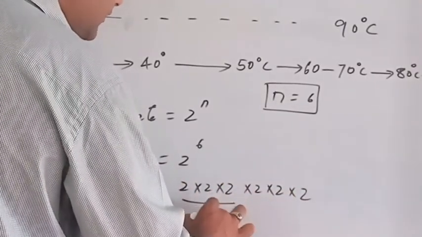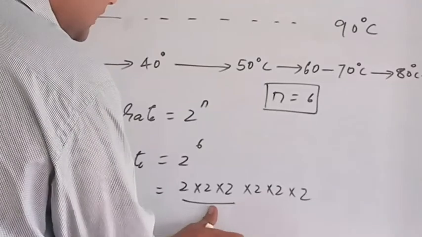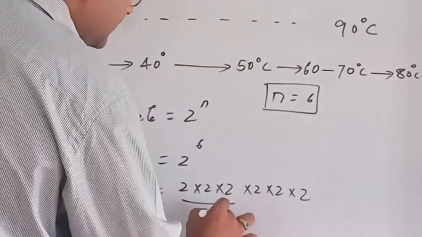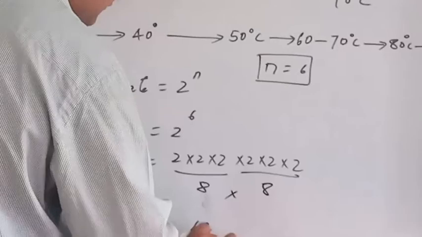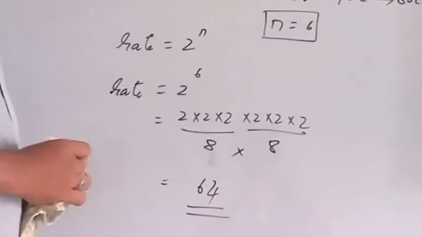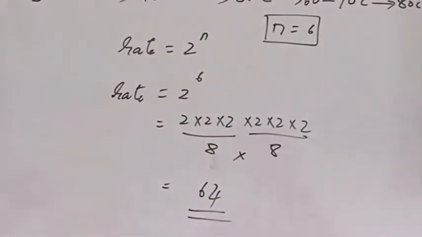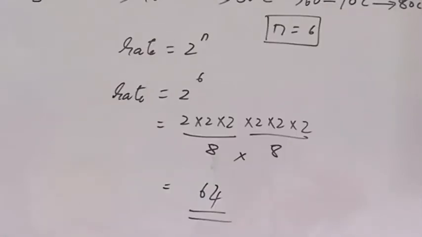So 2 times 2 is 4, 4 times 2 is 8, 8 into 8 is 64. So the rate increases 64 times. So the correct option is option B.